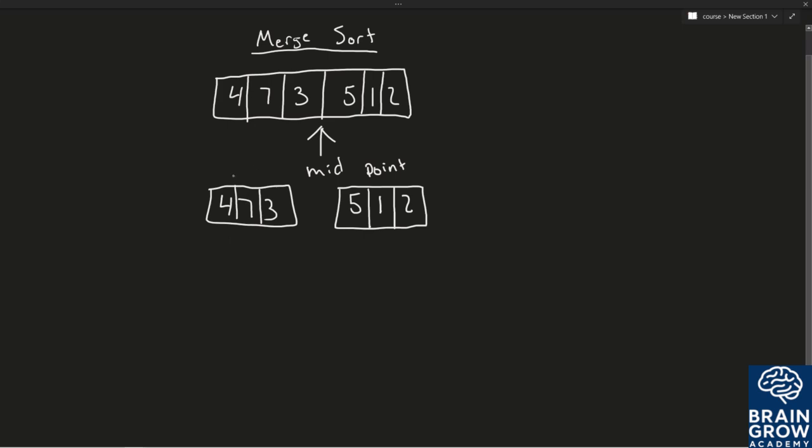Now we have divided our initial array, and now we want to conquer, in a way, aka sort it, and then we want to merge it back together. So we sort it: 3, 4, 7, and then 1, 2, 5. Again, these are their own arrays.